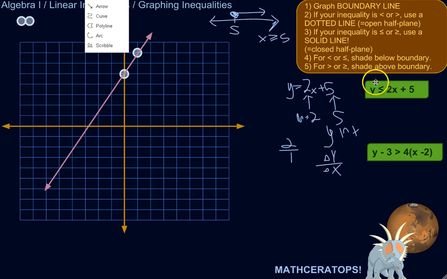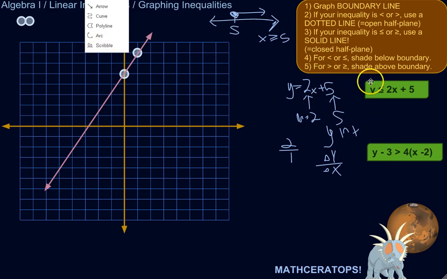If your inequality is true when you do that, then you shade in that side. If it's false, then shade in the other side. I think it's easier to remember just that if it's y is less than or equal to something or less than something, shade below. And if it's greater than or equal to, then shade above.